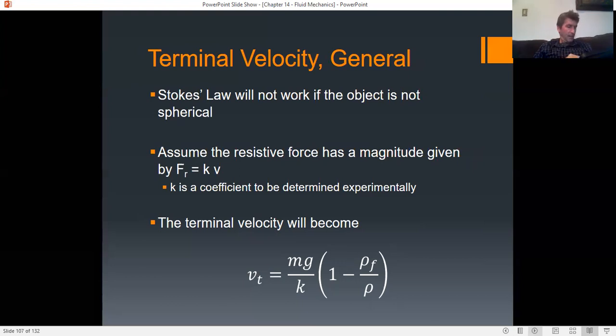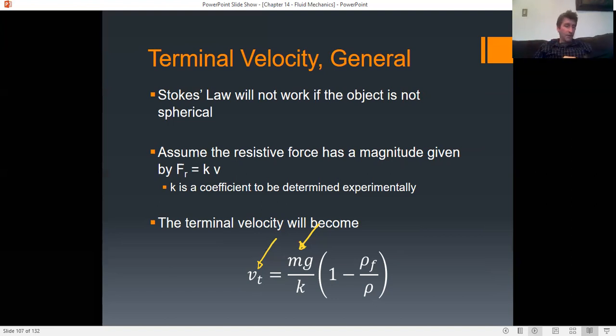Okay, but again, the important thing here is to notice that the terminal velocity increases with the mass of the objects. And again, basic common sense, bigger objects are going to settle out faster than smaller objects. Okay.